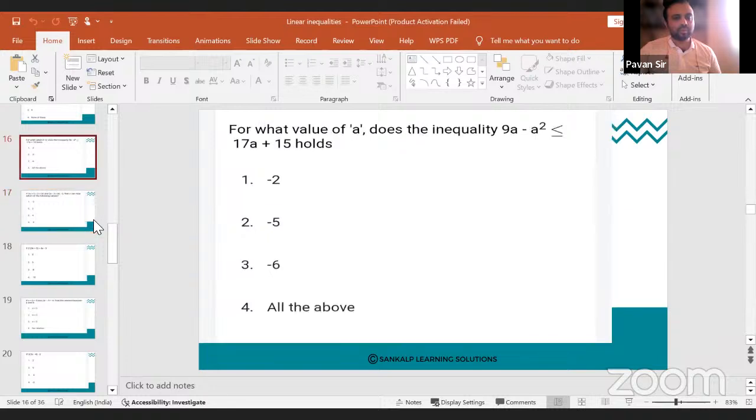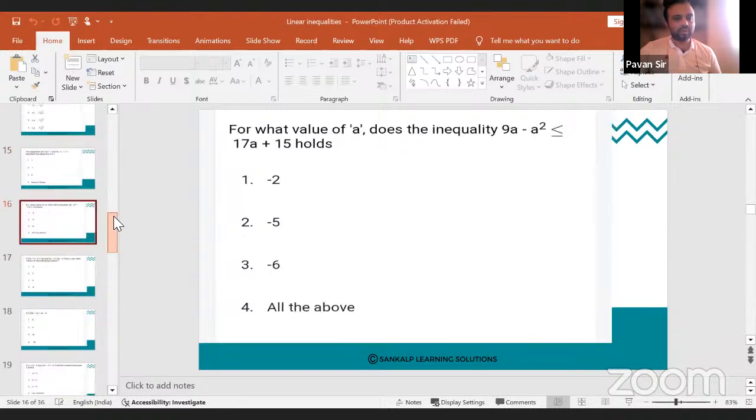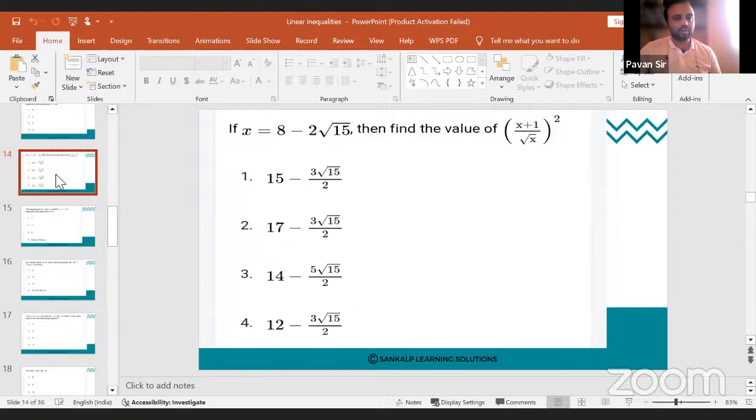One minute, students. Something we got wrong. Okay, so the next question is: if x is equal to 8 minus 2 root 15, then find the value of x plus 1 upon root x, the whole square. What will be the value of this?